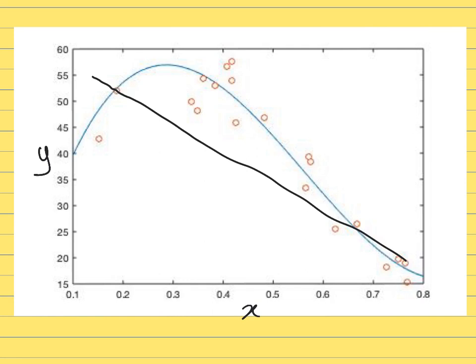Another option would be to fit it with a degree 2, as a quadratic function. If you fit it as a quadratic function, then maybe the function that you will find will look something like this.